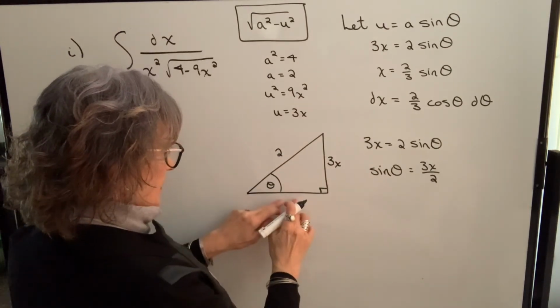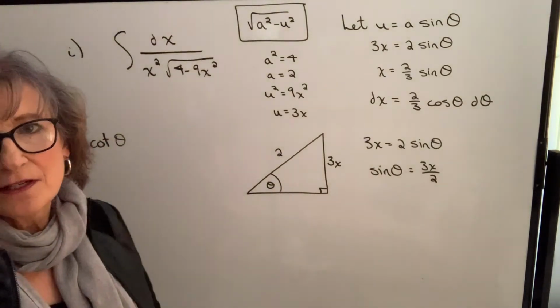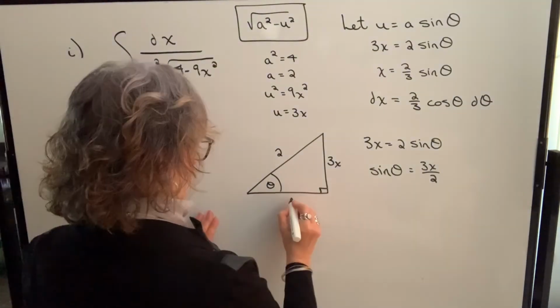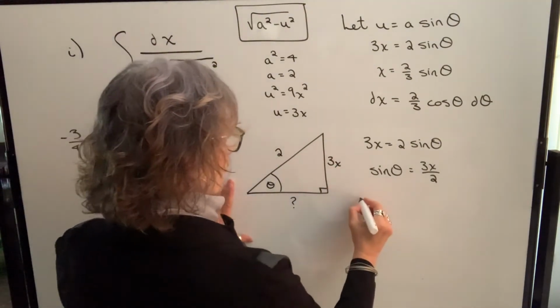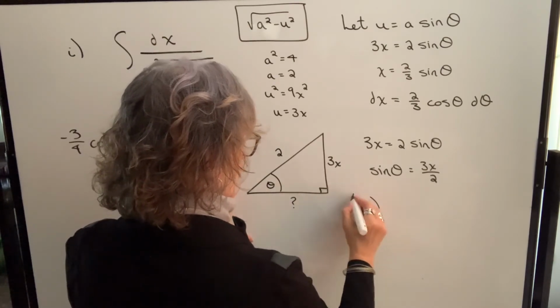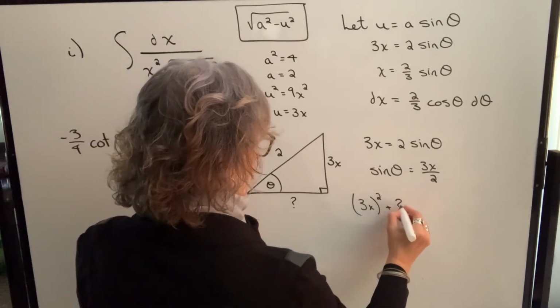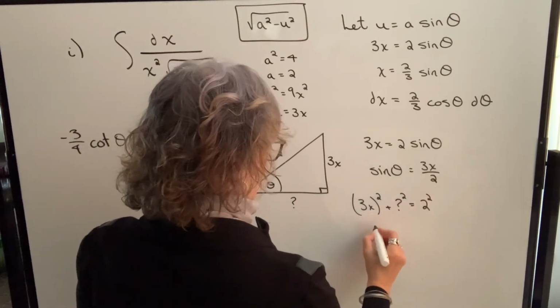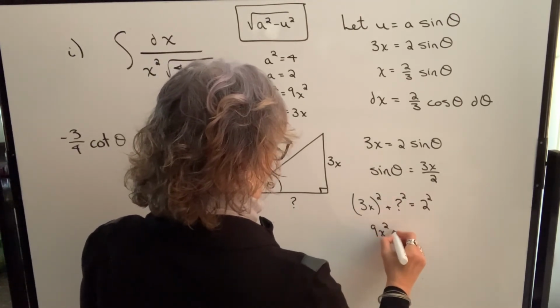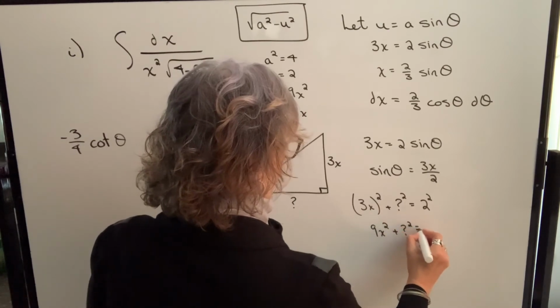We're missing this side, so in order to find that side, I'm just going to use my right triangle theorem. I'm just going to call that question mark. So in order to define that, I know that 3x squared plus that question mark squared will equal 2 squared. So 9x squared plus that question mark squared will equal 4.